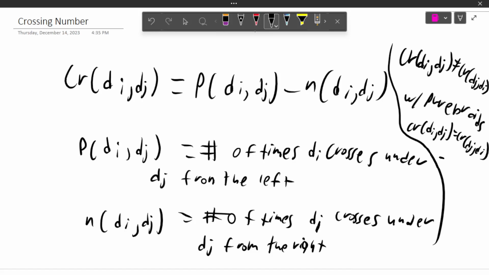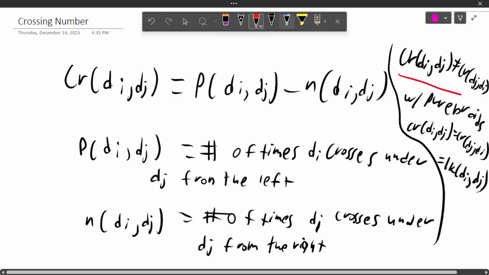And because pure braids are special, we're going to give this a special name called the linking index, which is going to be denoted LK of di dj. We only consider linking index when we're talking about pure braids, but for braids in general, we do not have equality, so we need to be a little bit more careful.